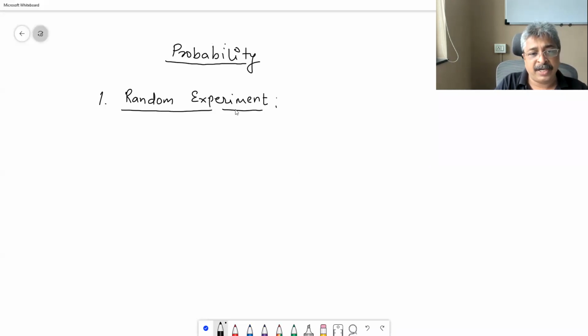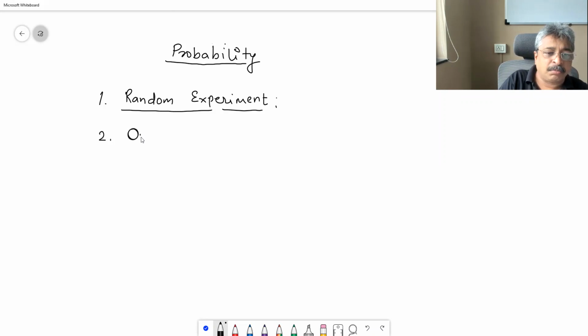Then such an experiment is called a random experiment. Very simple. This experiment has more than one possible result and you cannot predict which one is going to happen, then the experiment is called a random experiment.